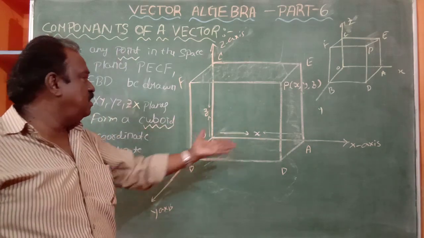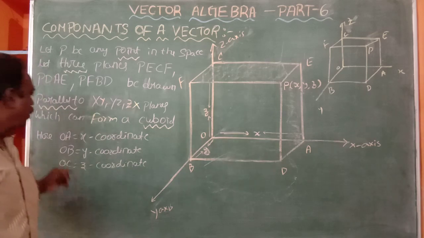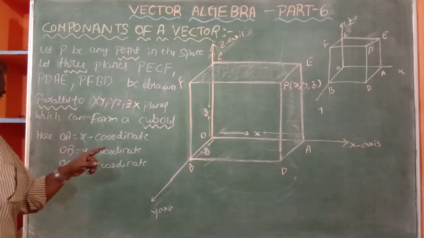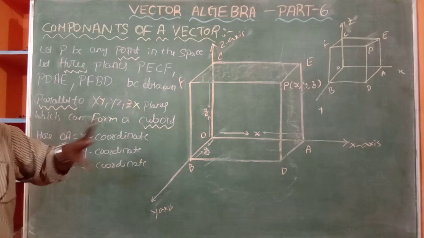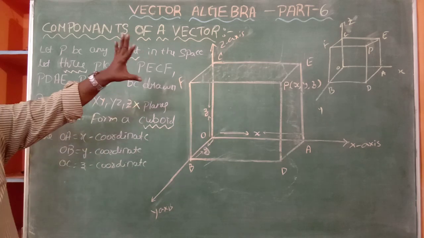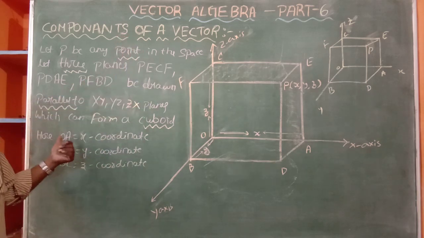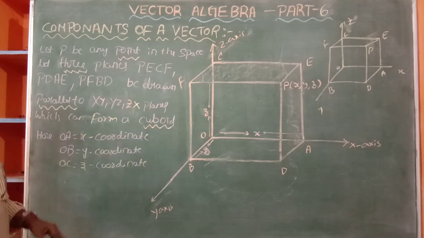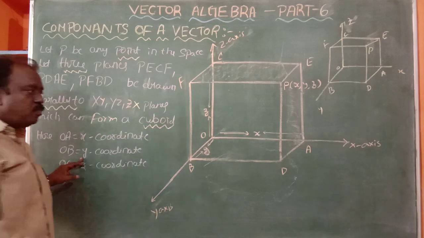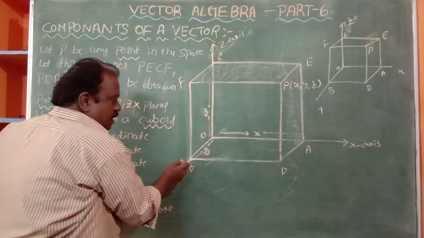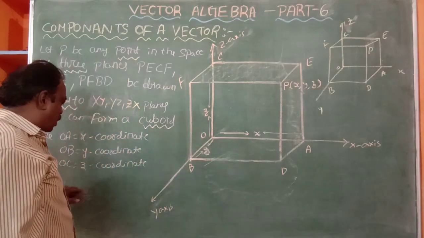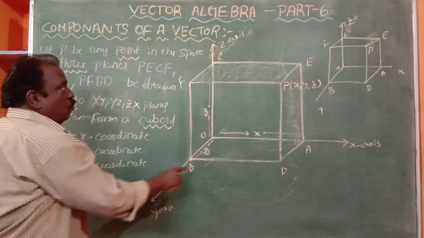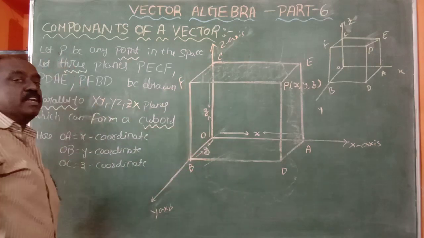Where this cuboid cuts the x-axis at A, that distance O to A is the x-coordinate. OB, where the cuboid cuts the y-axis, is the y-coordinate, and OC is the z-coordinate.